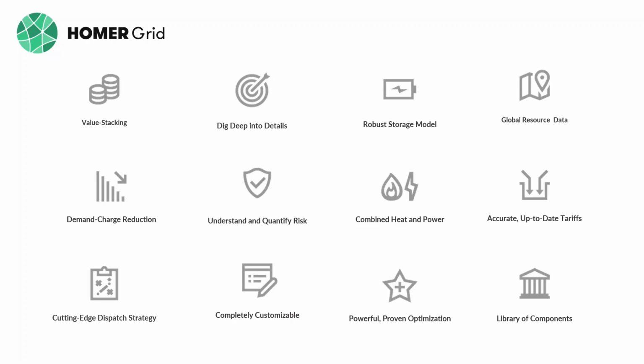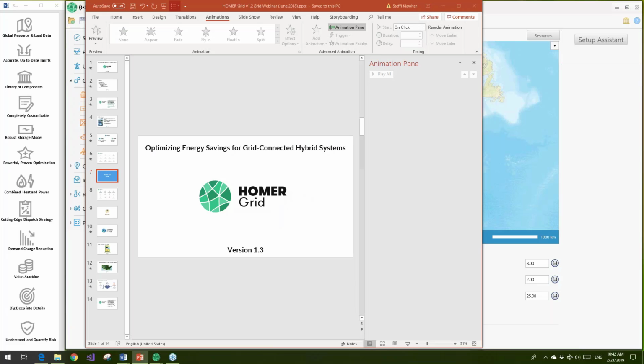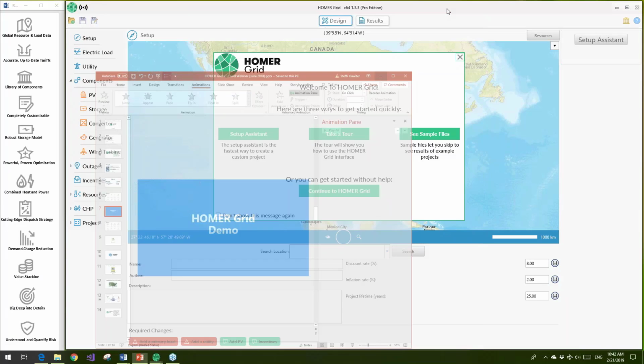We have connected HOMER Grid with a database of up-to-date accurate tariffs so that you can quickly choose by name, if you're in North America, what tariff you're on or what tariff you'd consider moving to. And finally, a library of thousands of components, but also the ability to define your own custom components. So with that, let's look at the HOMER Grid interface, and we'll start the software demonstration.